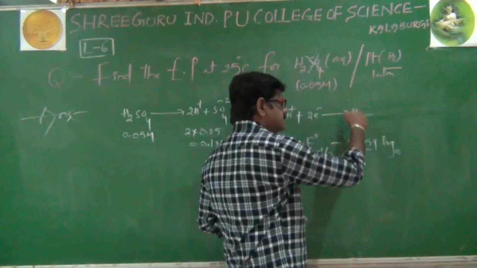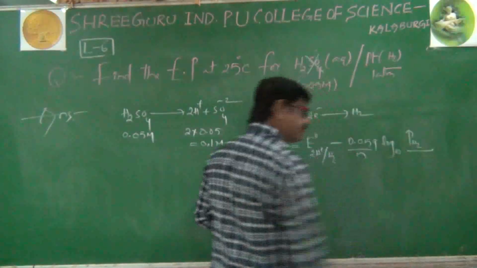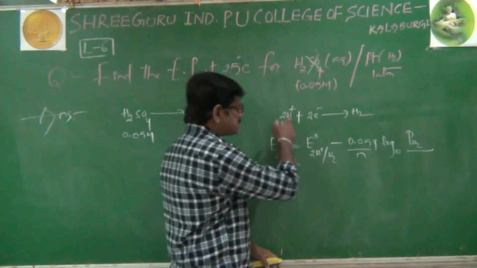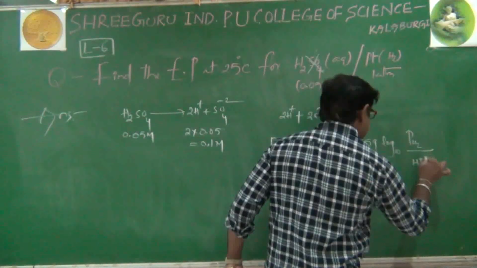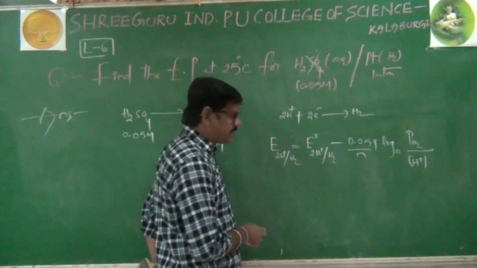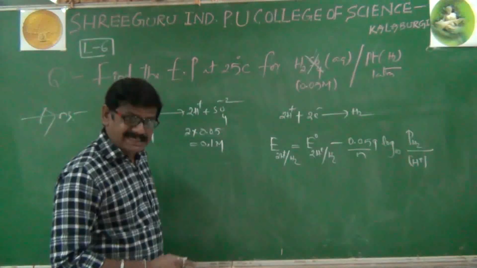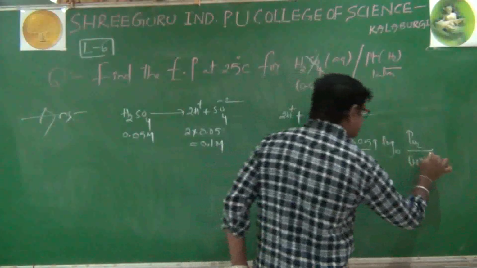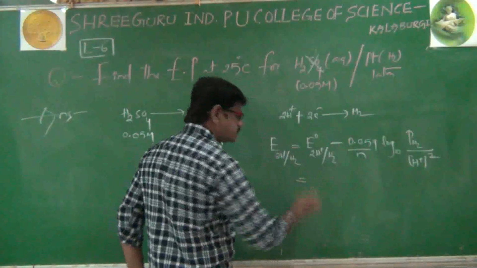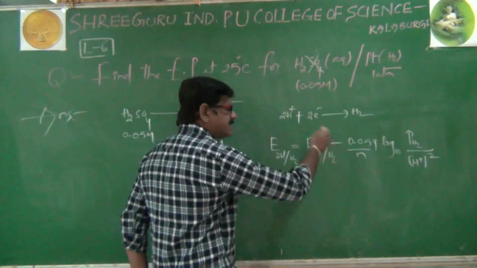Here the product is a gas. That's why we write its partial pressure of hydrogen divided by H plus concentration. But here a stoichiometric coefficient is there. Whatever the stoichiometric coefficient is, we write it as its power. That's why H plus square.